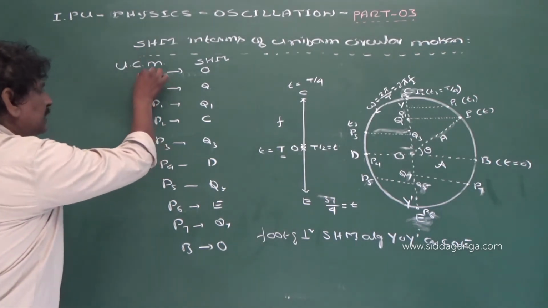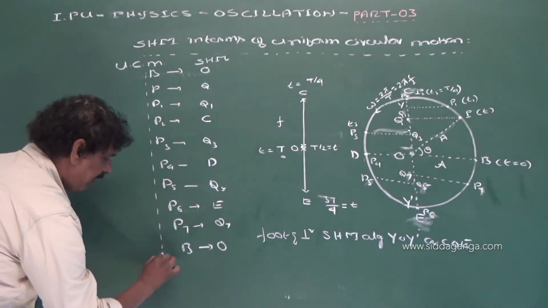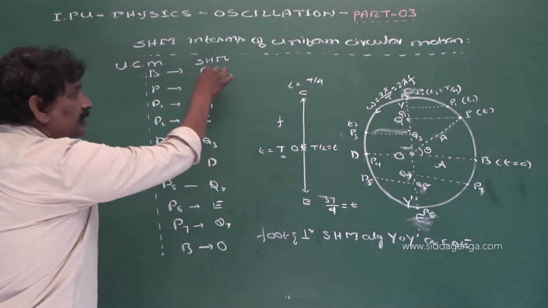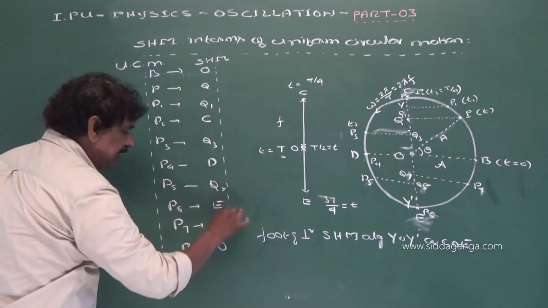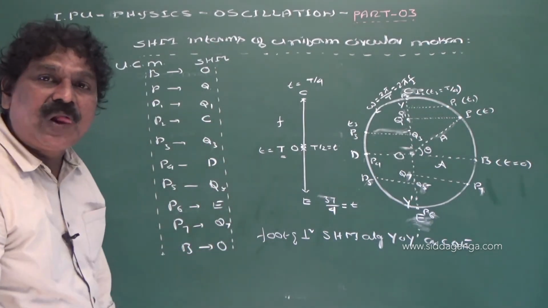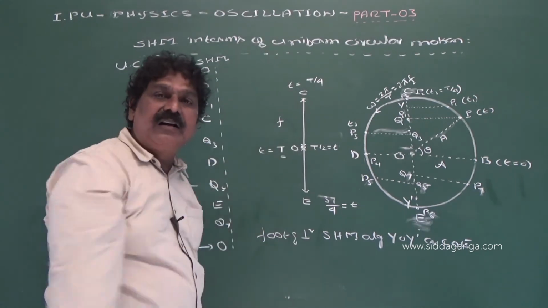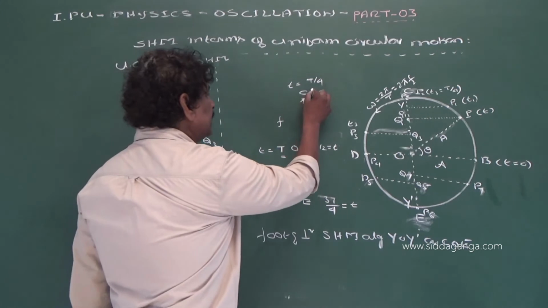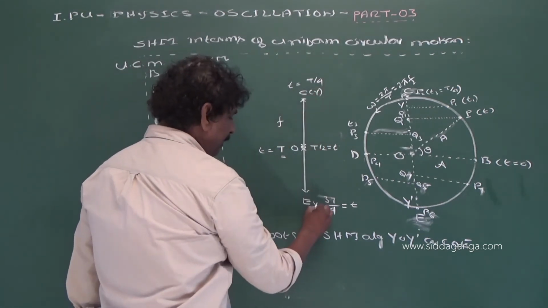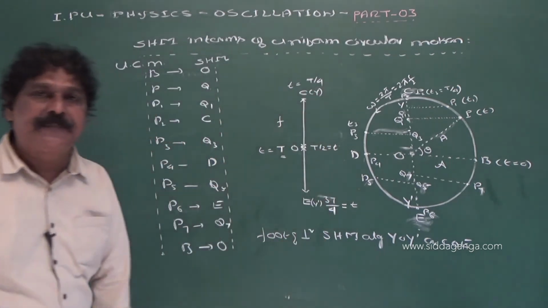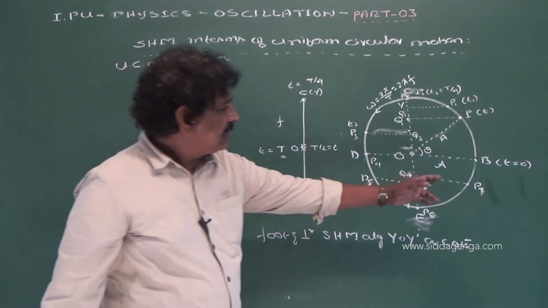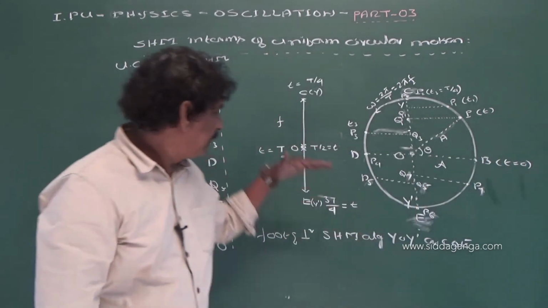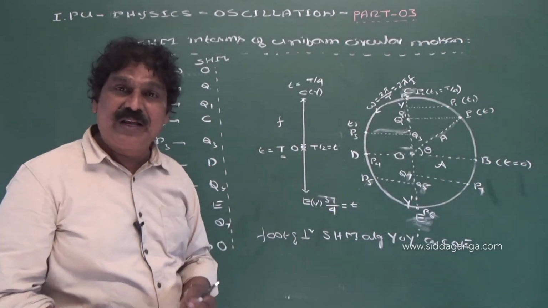This represents various positions of the particle on the circle. These points represent various positions of the foot of the perpendicular along the diameter y dash. This can be taken as y according to the figure, this is y dash. So by studying circular motion, we can study simple harmonic motion.